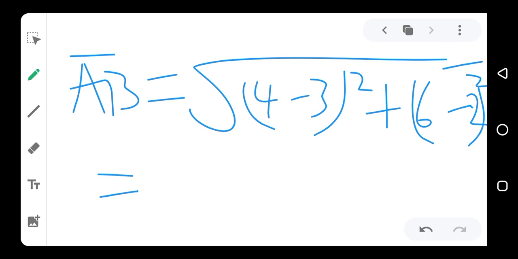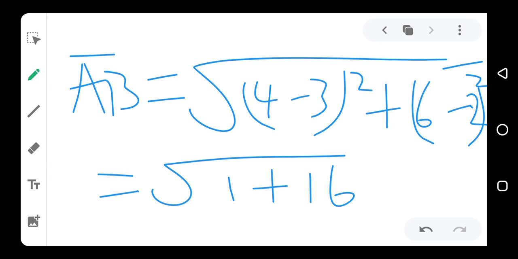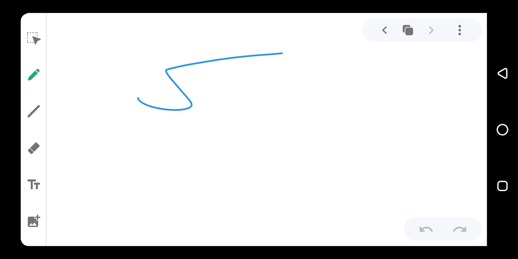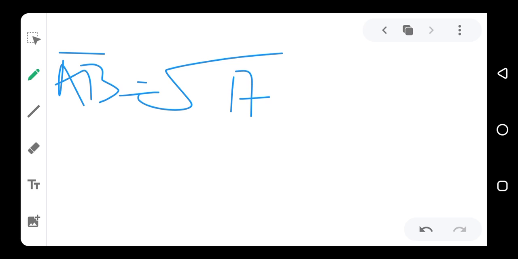So we're now going to have root of 4 minus 3 is 1, plus 6 minus 2 is 4, and 4 squared is 16. So it becomes 1 plus 16. And now we have line AB is equal to root 17.